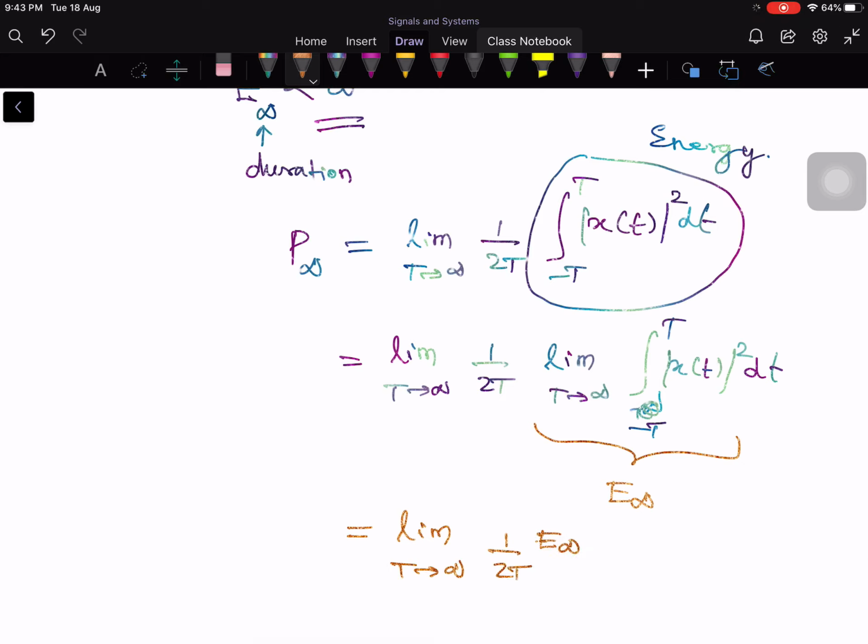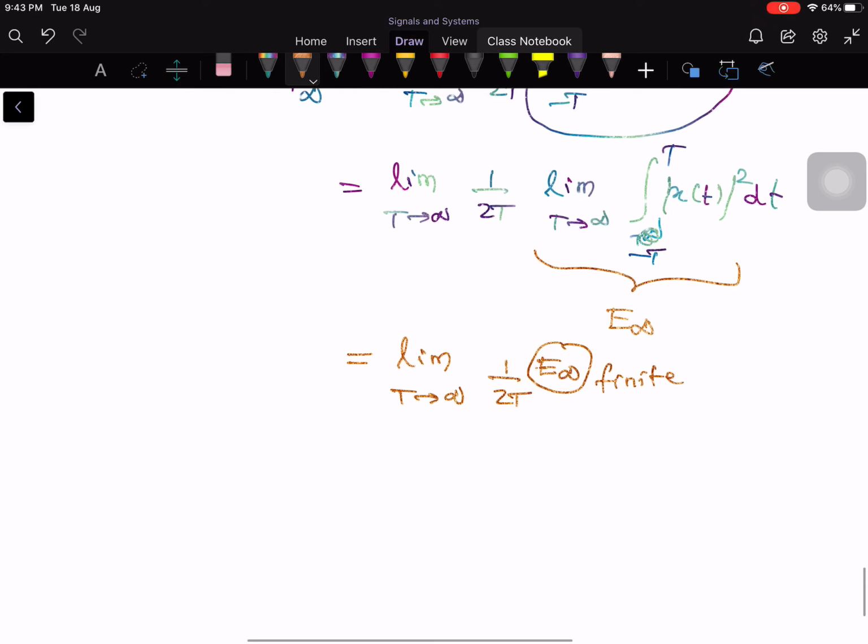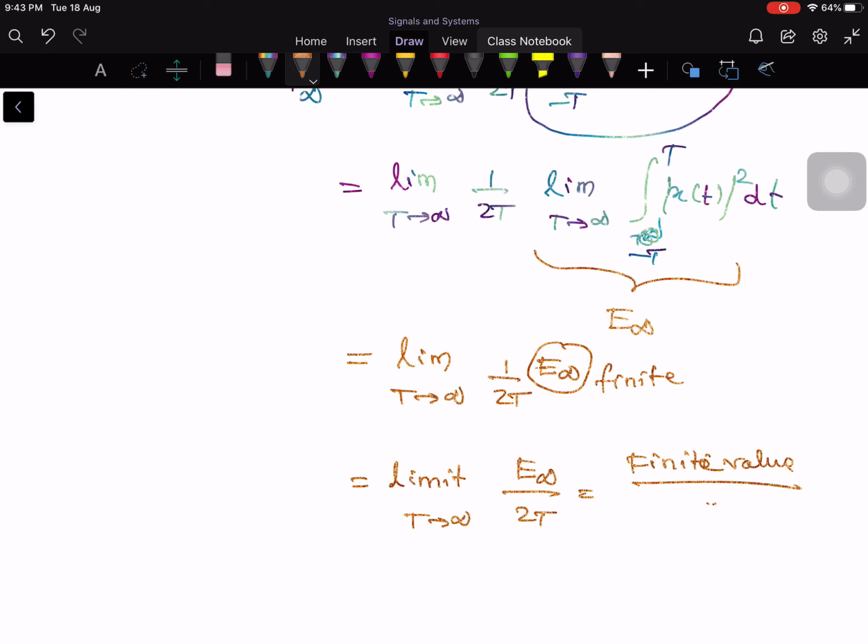Now as I said, for an energy signal this is finite. Therefore, limit T goes to infinity of E infinity by 2T: E infinity is a finite quantity, a finite value, divided by this, which is infinity.